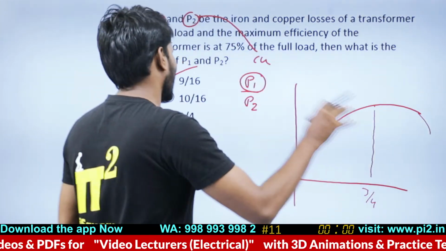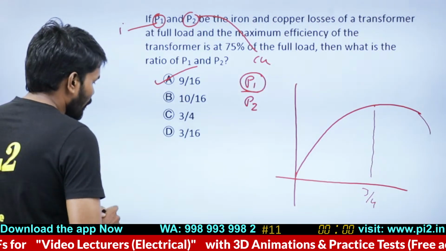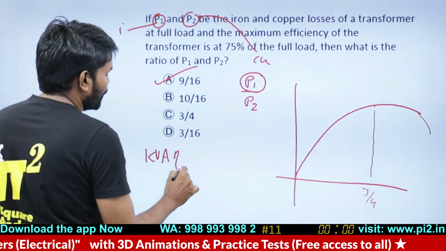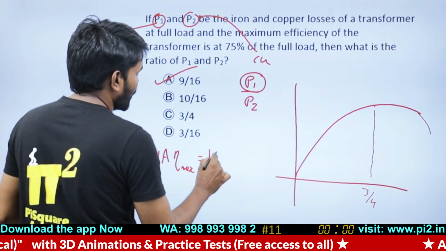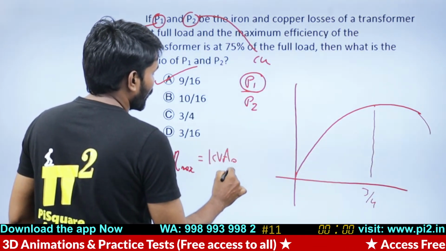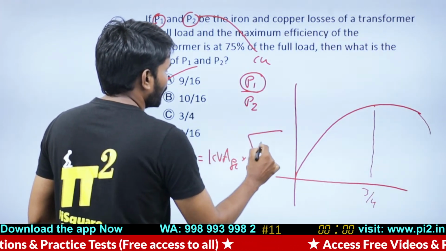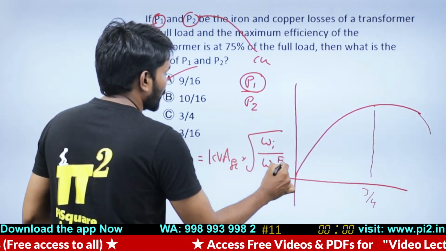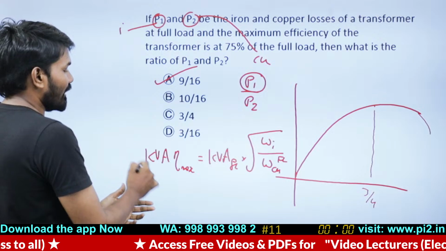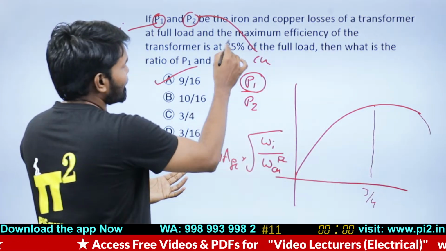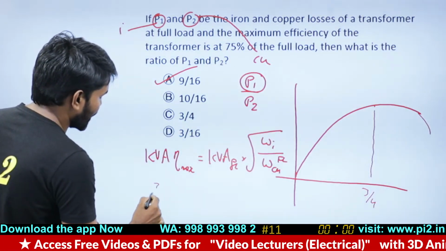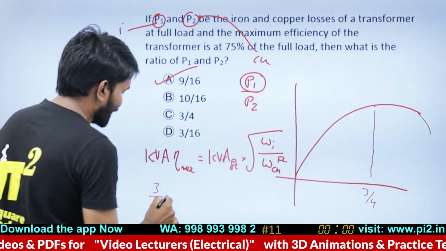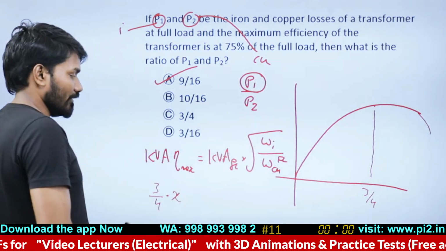Or else if you want to go with the regular method, KVA at maximum efficiency is equal to KVA full load times square root of iron losses by copper losses at full load. KVA at maximum efficiency is 3/4 of full load, so let's take it as some x KVA.